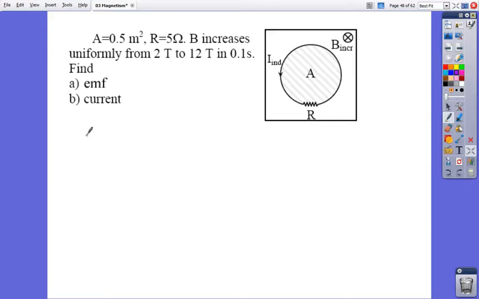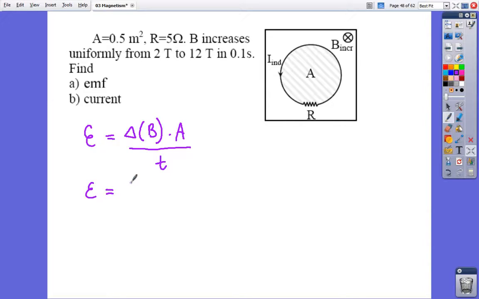First, find the EMF. It's easy, right? EMF, or you can just write E equal to, because it's only one loop, you don't have to write N, delta B times A over time.